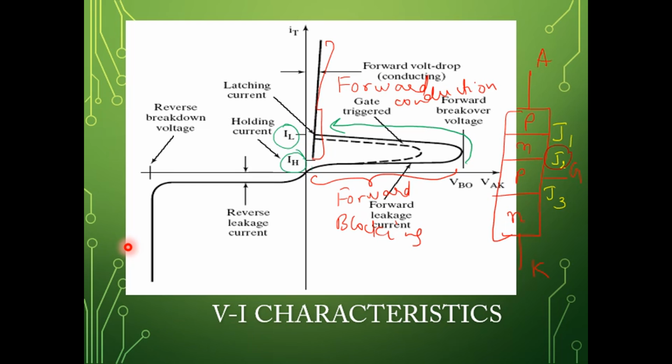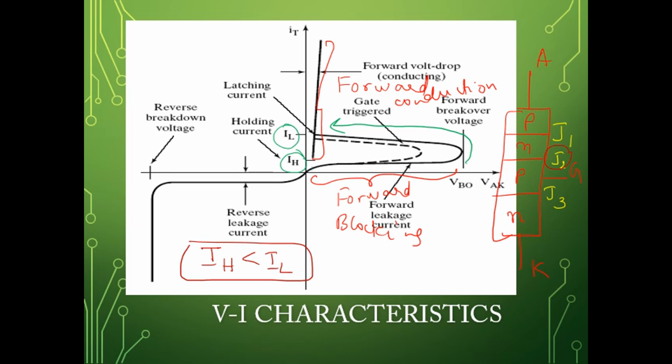Then what is the holding current? Holding current is the one below which the device is going to turn off. Holding current is nothing but the minimum anode current required to maintain the thyristor in the on state. Always, your holding current is less than the latching current.